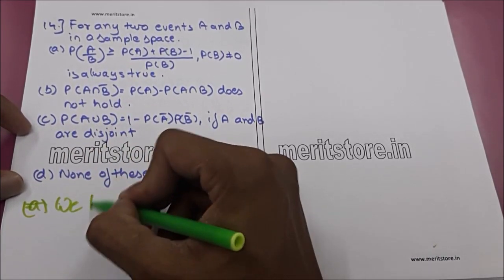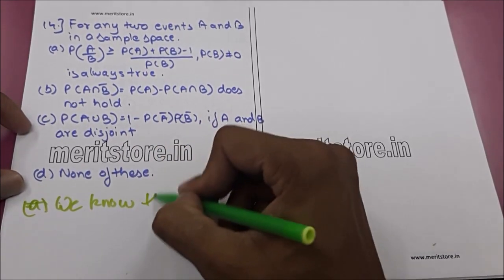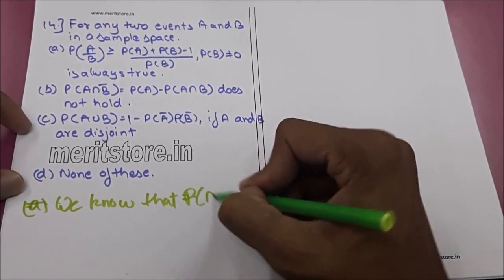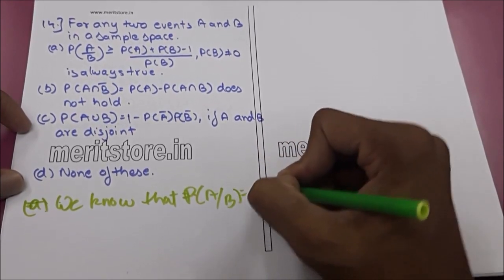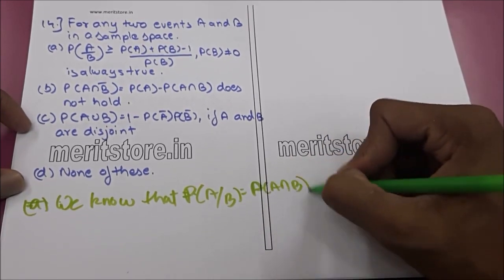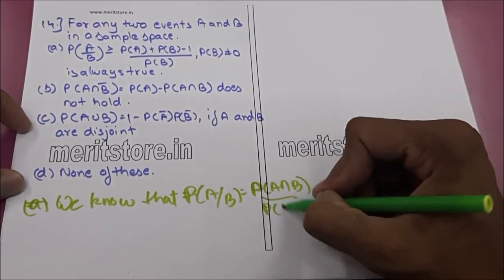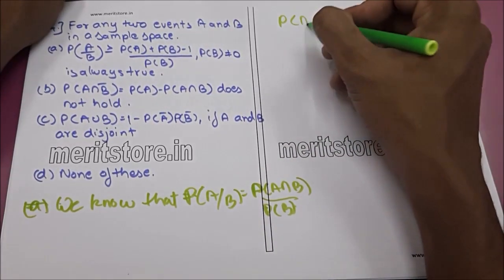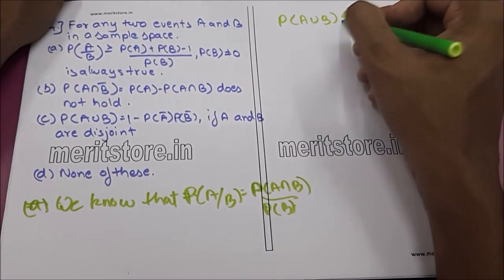We know that probability of A upon B is equal to probability of A intersection B upon probability of B. Also we know that probability of A union B is less than or equal to 1.